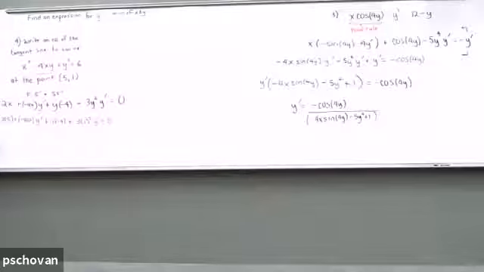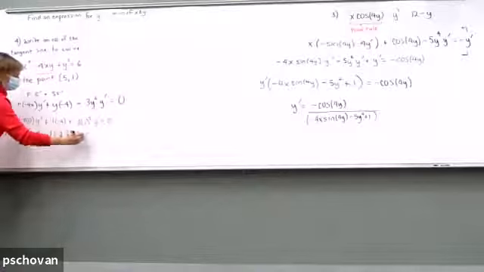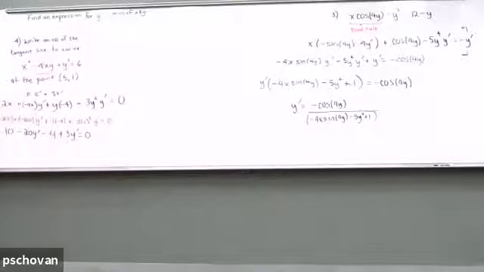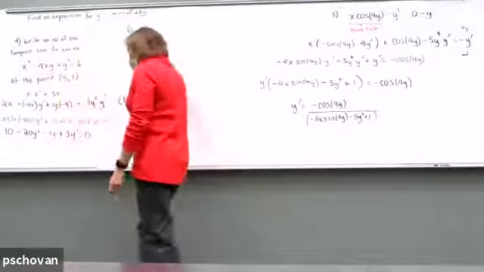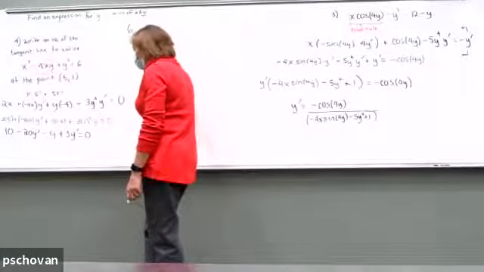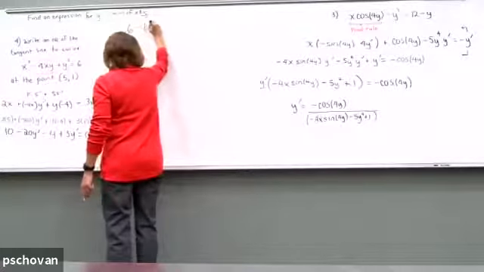So let's see, this looks like 10 minus 20Y prime minus 4 plus 3Y prime is equal to 0. 10 minus 4 will give me 6. And then minus 20Y prime plus 3Y prime is a negative 17Y prime.